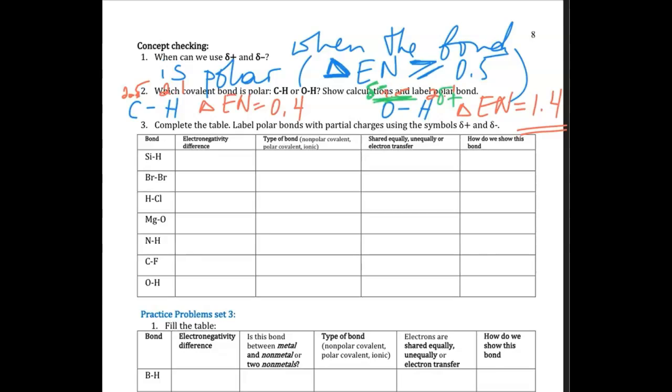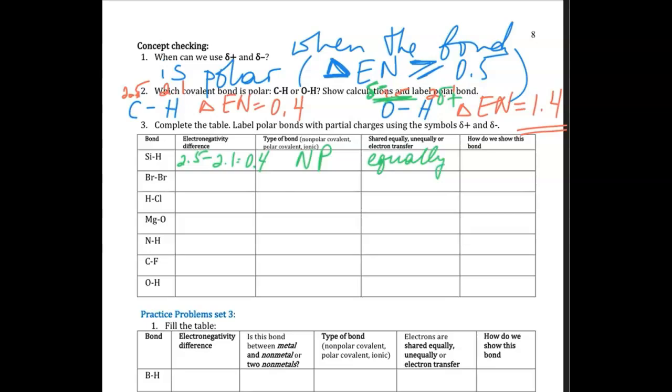So exercise number 3, complete the table. What you need to do here is use delta plus and delta minus symbols, and you need to use a charge with electronegativity values, and show where the partial negative or partial positive charge is. Here, for the bond between silicon and hydrogen, the difference is 0.4.